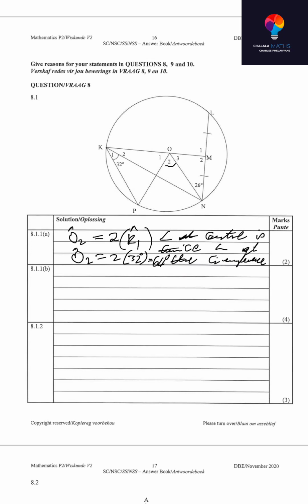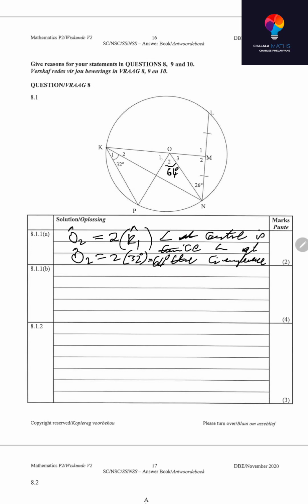As you can see, it's only 2 marks. So here we'll have 64 degrees. And it says B. We must, with reasons of course, find the size of angle O1.